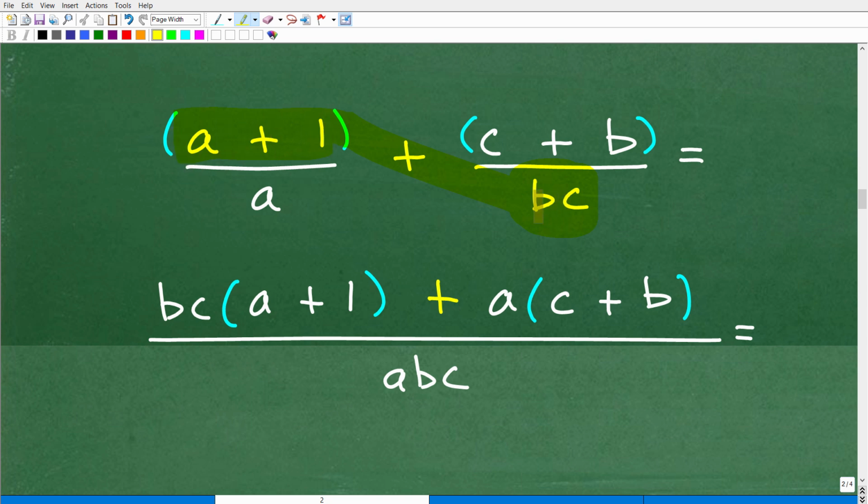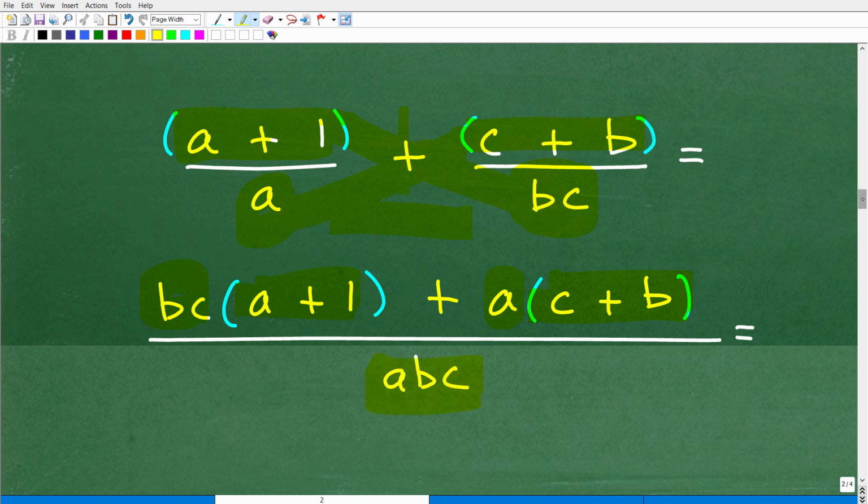They might go bc times a, but forget the plus 1. So this answer is going to look like this: bc times (a plus 1), plus a times (c plus b), all over a times bc, which is abc.